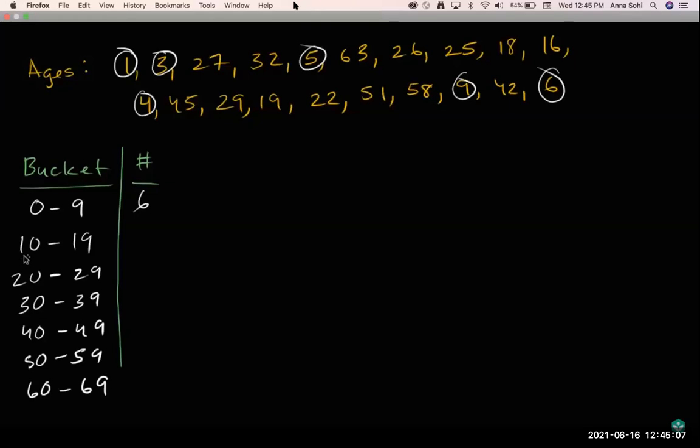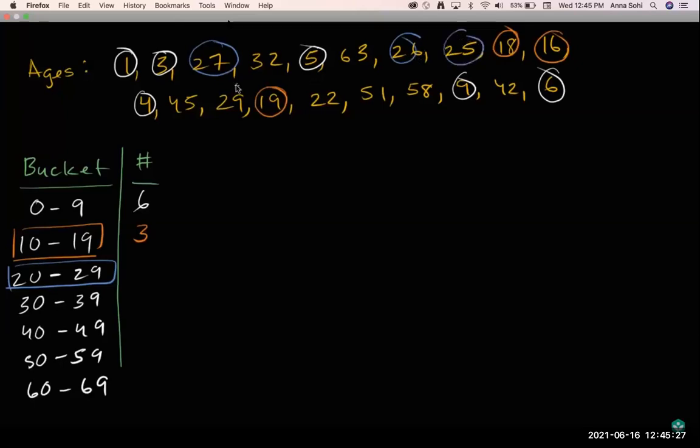How many people fall into the 10 to 19-year-old bucket? Let's see, 1, 2, 3. 3 people. And I think you see where this is going. What about 20 to 29? That's 1, 2, 3, 4, 5 people. What about 30 to 39? We have 1, and that's it.